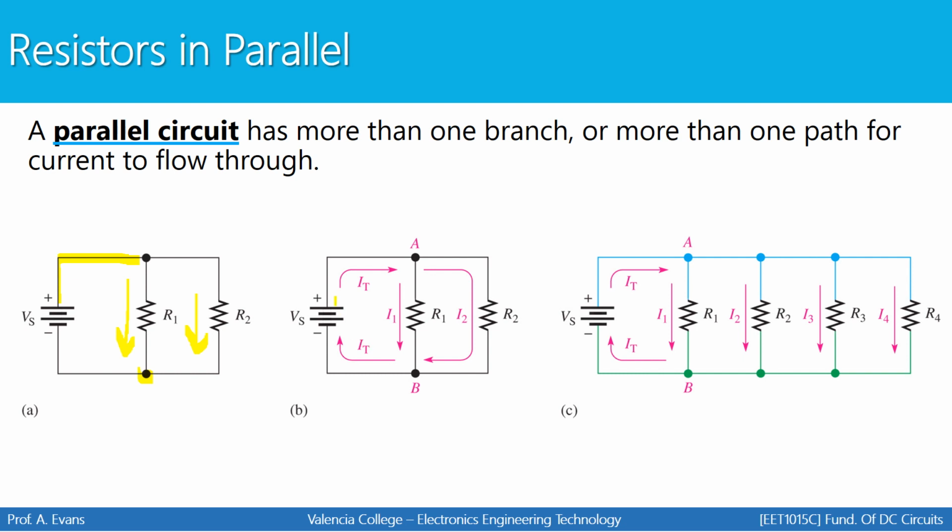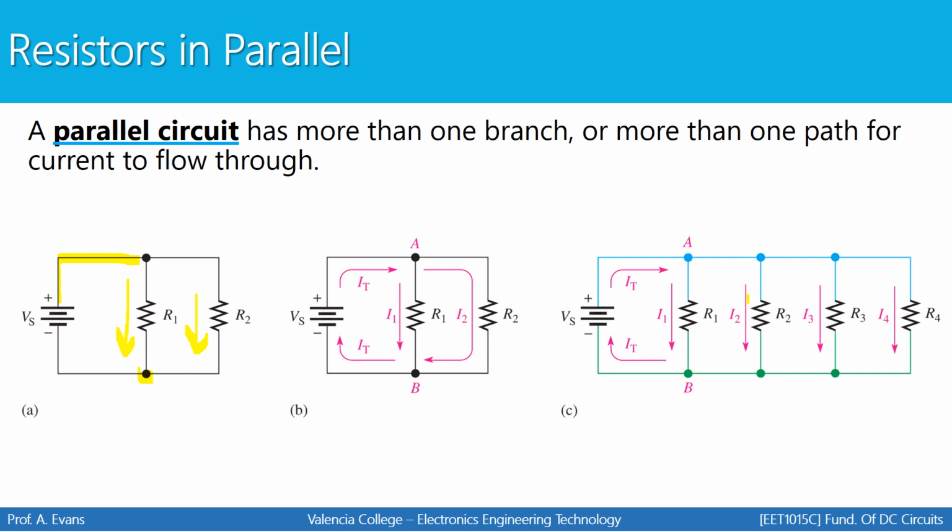Here's another example which shows the total current. Again, it leaves the source, it splits into two branch currents, and then recombines. Here's a third example where we have multiple paths, more than two paths. The total current will leave the voltage source here, and then it'll split at this node. Some will go this way, and some will go that way.